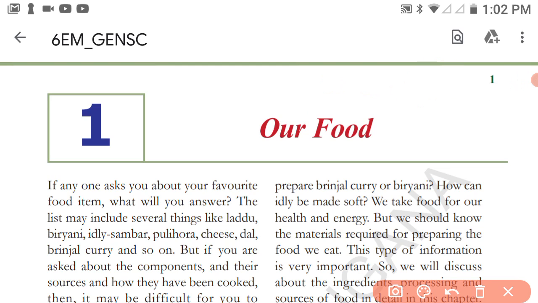Now, we have learnt quite a lot about food in our previous classes. In 5th class, we learnt about nutrients and the food pyramid. Yes, we learnt about the 5 components of food. What are they?